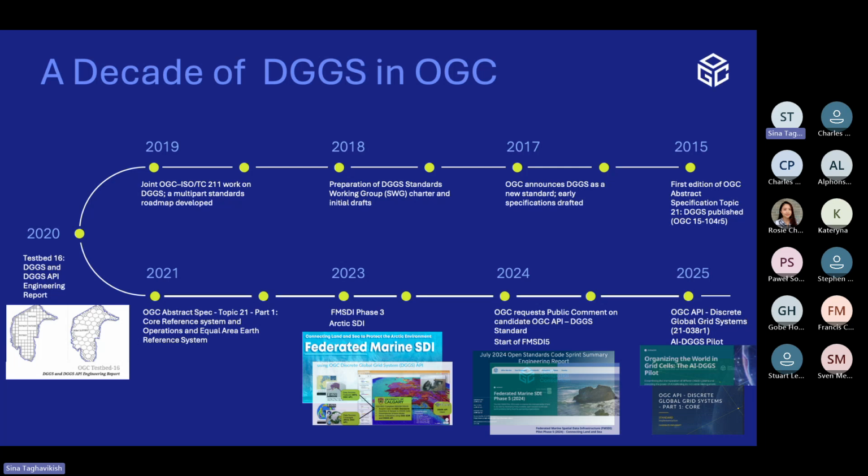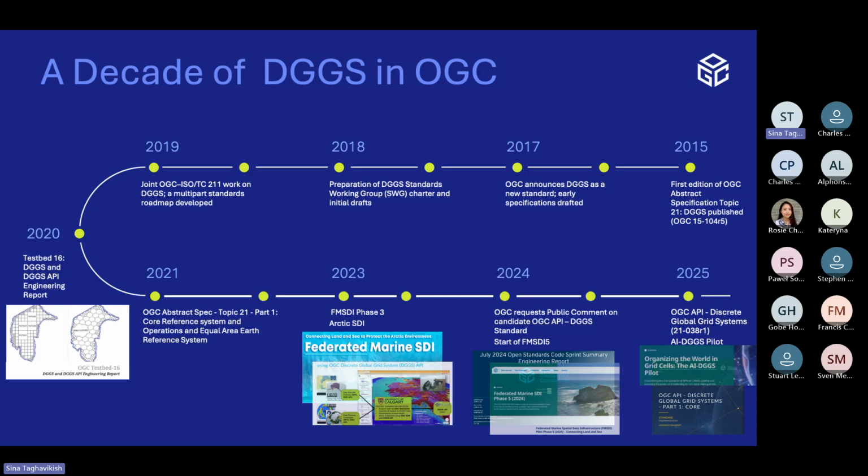Actually it's 11 years now. It started in 2015 when we had the first edition of the specification, and maybe the most important one was in 2021, when the OGC abstract spec, topic 21, was released.